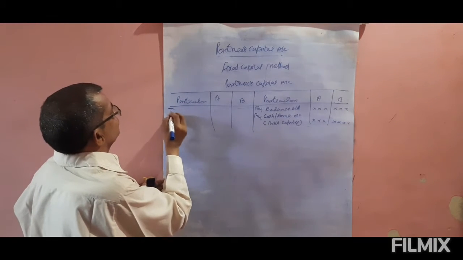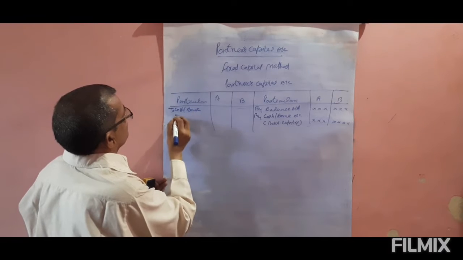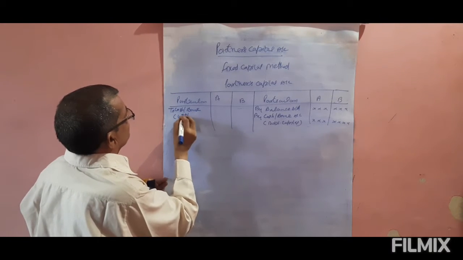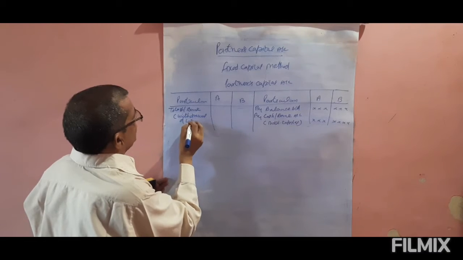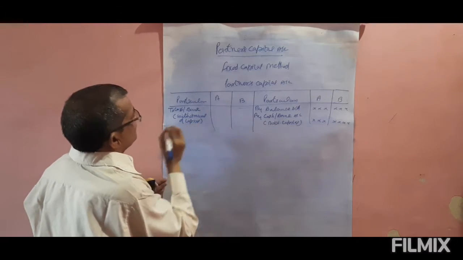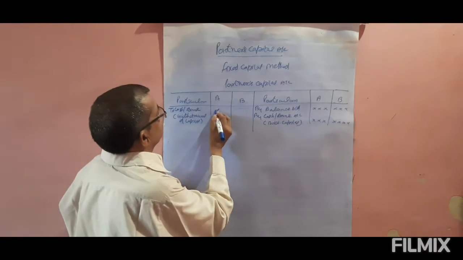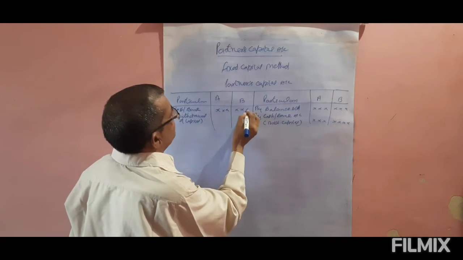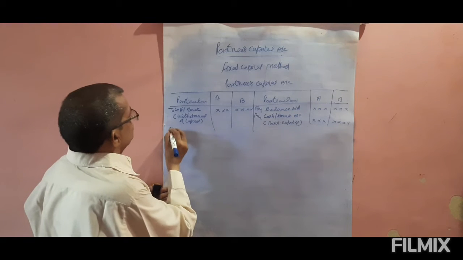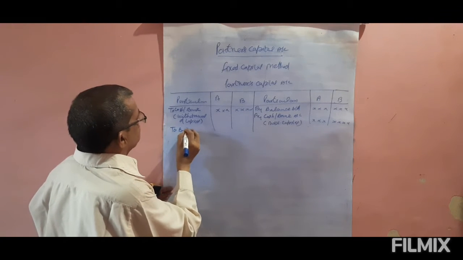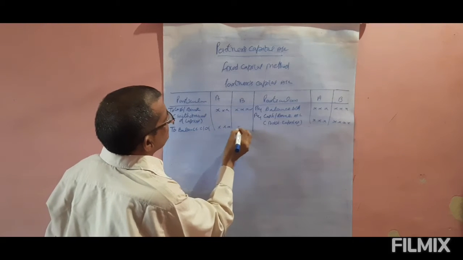Like this, to cash or bank, withdrawal of capital. If any partner withdraws capital permanently, we write it here. Then to balance c/d, we write here.